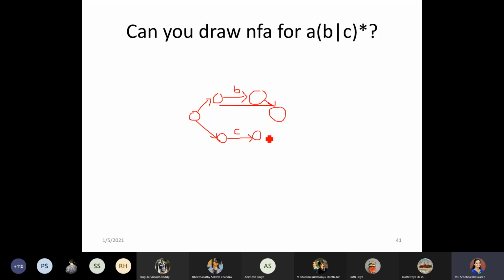With respect to C, this one. All the unmentioned ones are epsilon transitions.